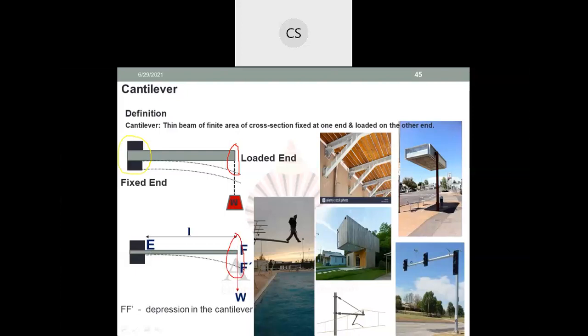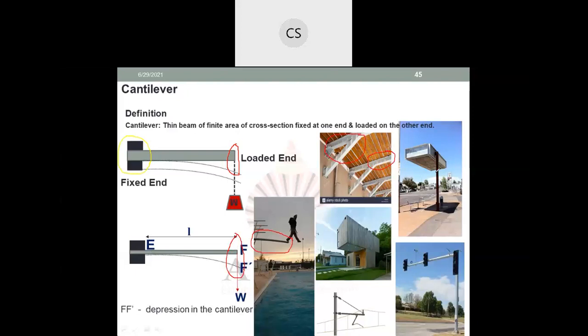You can see the diving plank in the swimming pool. That is also an example of a cantilever. Then the roof structure you can see here is again a cantilever.